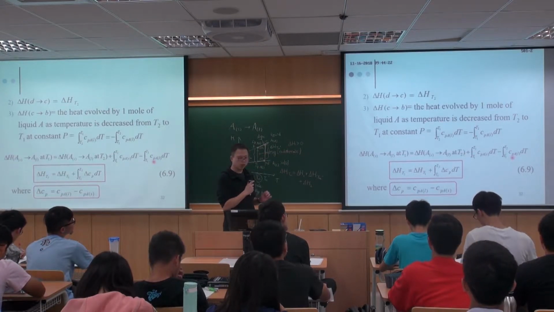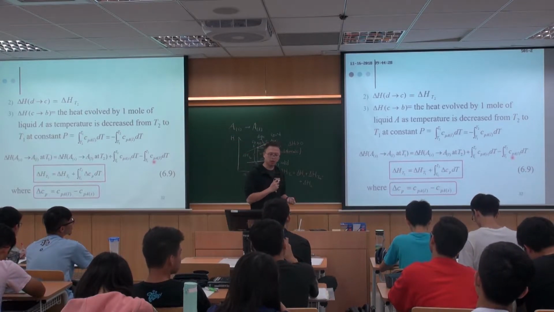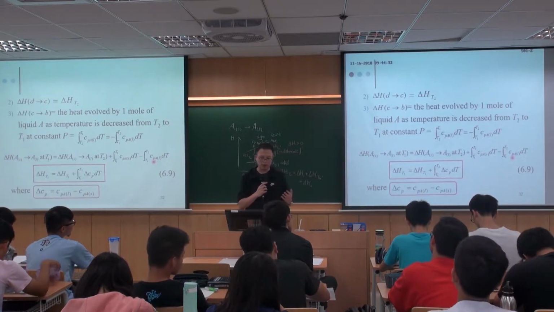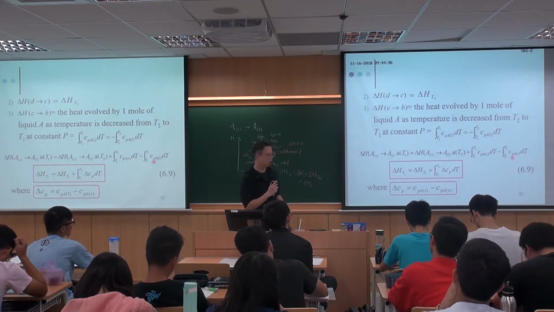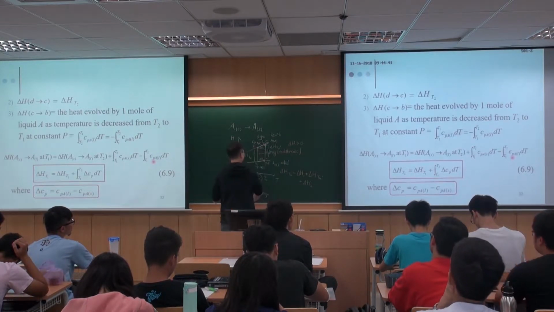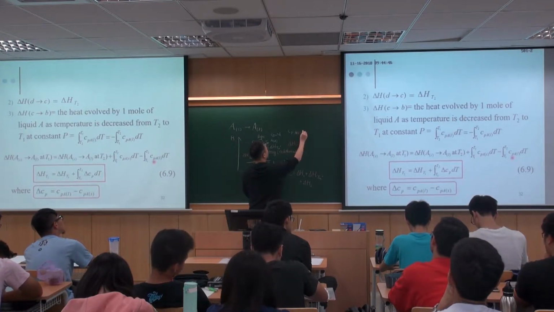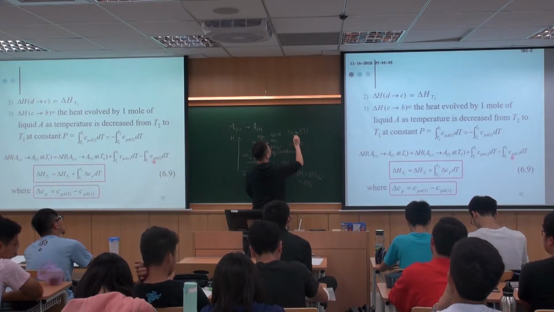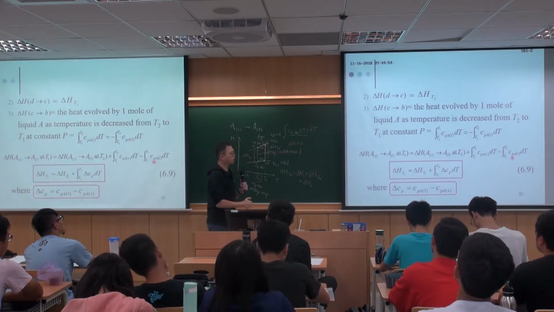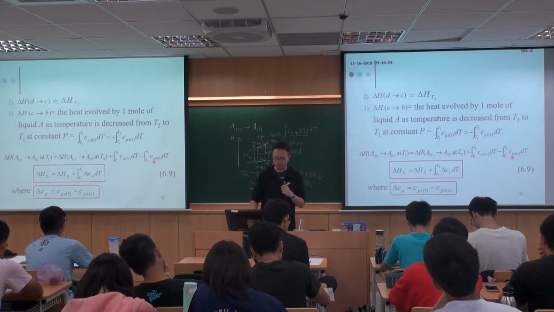So that's the delta Cp that we want to look into. And typically, if you look at the problems in the textbook, they will tell you this information. If they don't give you this information, it's impossible for you to calculate. So for instance, they will give you the information of Cp, say for the solid, as a function of temperature, such that you can do this integration. Okay, so all the information of Cp will be given. We'll see some examples later.